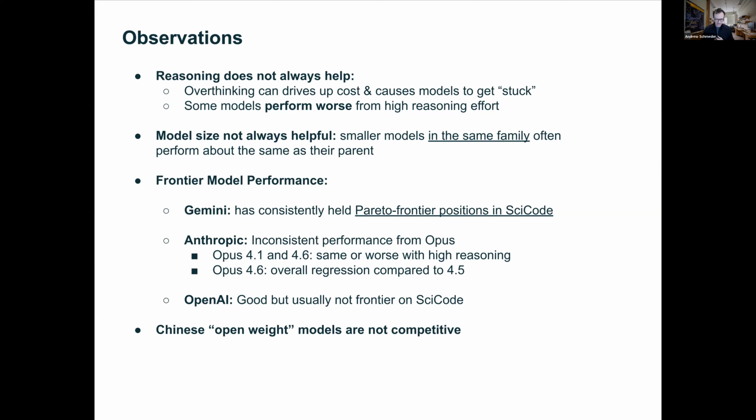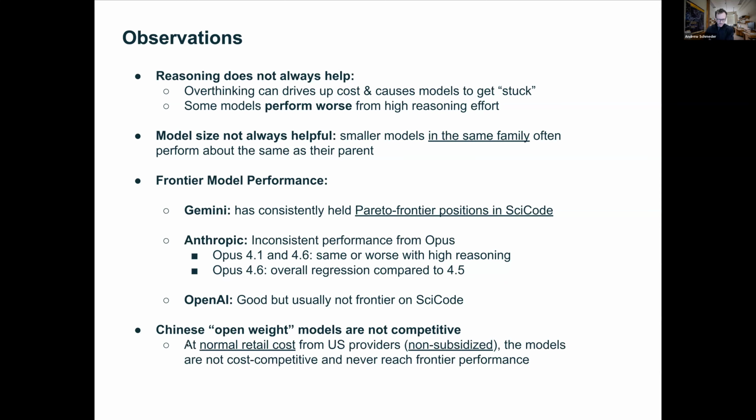Another surprising insight is that I also measured many of the so-called open weight models, and they're actually not price competitive when you purchase them at a per token rate from a US provider such as Google Vertex AI.